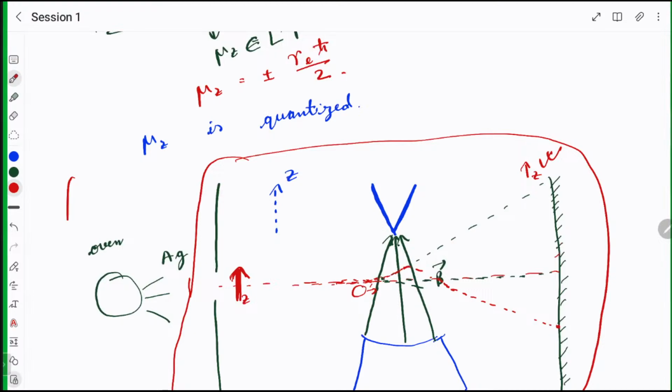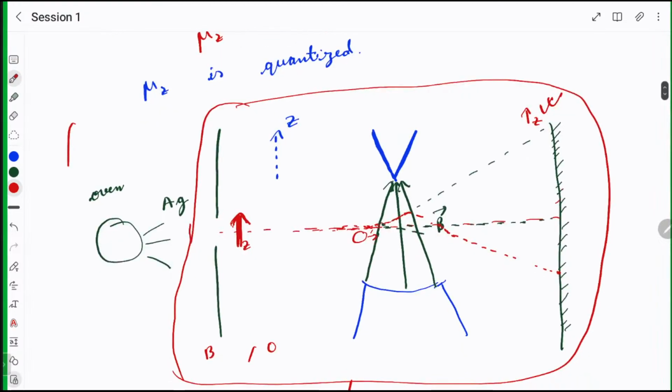I'm not doing the maths rigorously, but if you think about it, if the particle experiences a force continuously from here to here with the same mu z, no flipping involved, it will reach some spot.